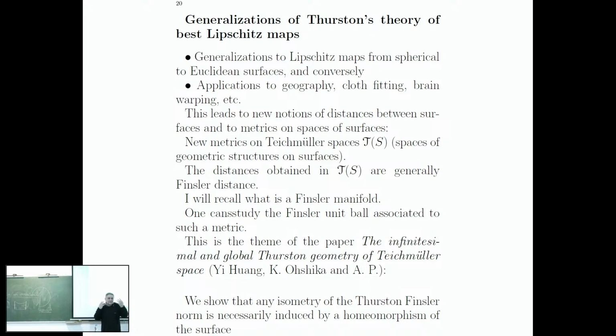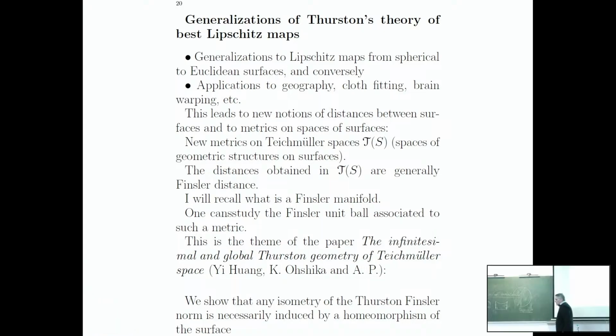You want to find the best way to cover something which is non-Euclidean, which could be spherical, or here you have some points where you have negative curvature, and so on and so on. So this is the Chebyshev problem on fabrics, which I didn't mention here. Yes, I said here applications to geography, to cloth fitting.